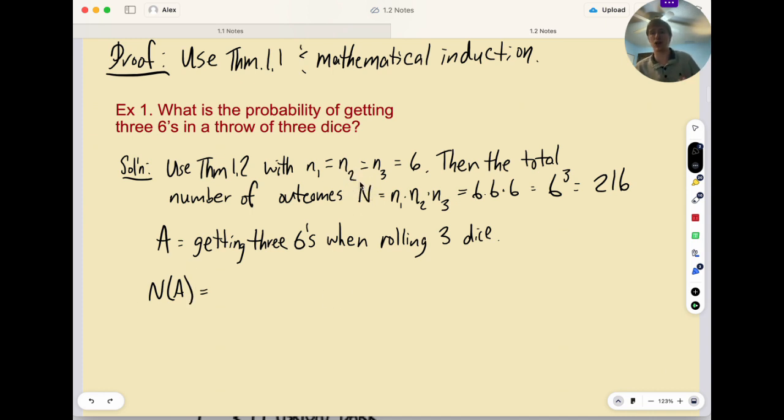Well, how many ways can you roll 3 dice and get all 6s? Last time I checked, that can only happen in one way, right? So N sub A in this case is going to equal 1. Okay, and the only way that can happen is the 3-tuple or ordered triple 6, 6, and 6.